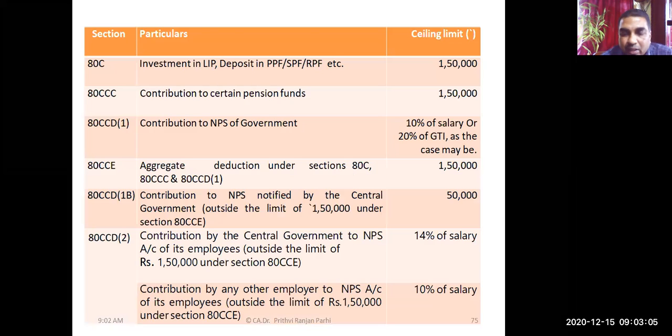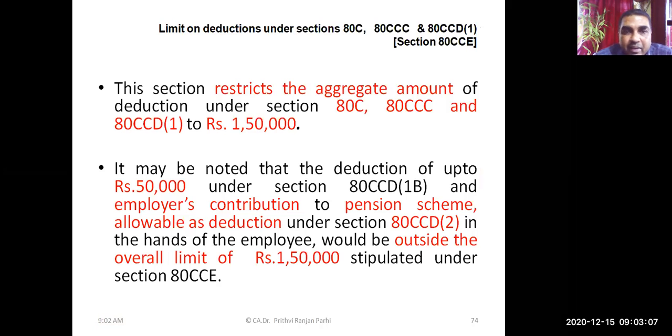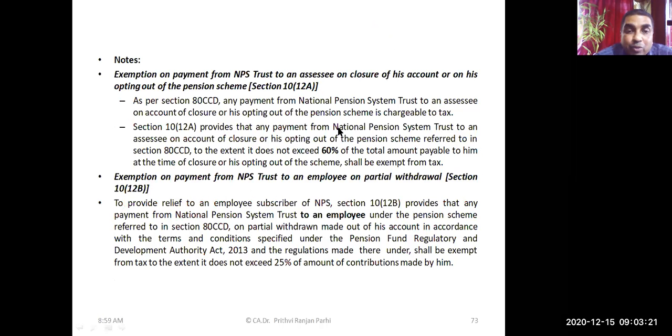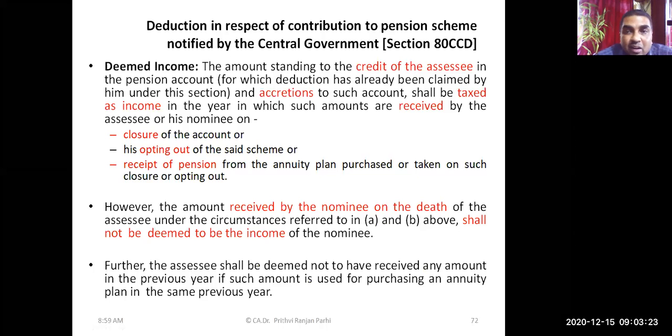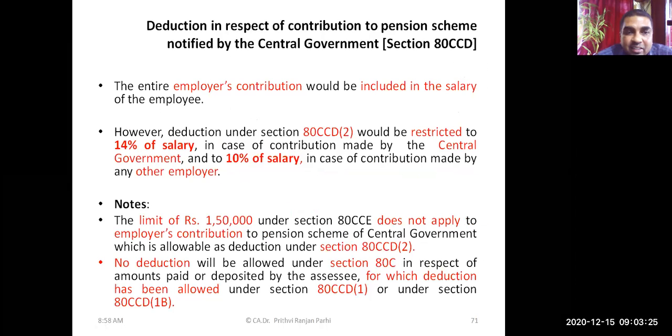Now, please look at this chart. As I told you from the very beginning, 80C, 80CCC, 80CCD1 overall limit is all taken together. Overall limit is 1,50,000. 80CCD1B additional limit of 50,000. But in case of employer's contribution under 80CCD2, if contribution is made by central government, then 14% is the limit.